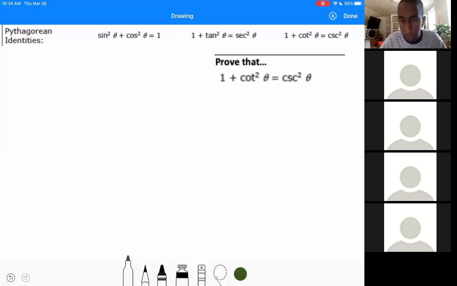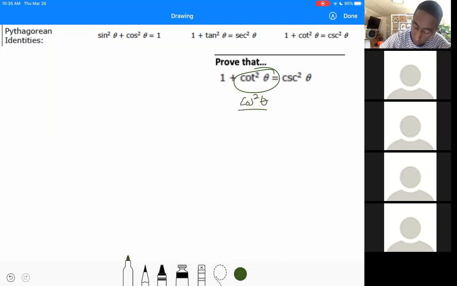For that one, if we want to prove this, it's always easier to write things in terms of sine and cosine, because then you can combine and things like that. So how could we rewrite cotangent squared of theta? Cosine squared over sine squared. Very good.